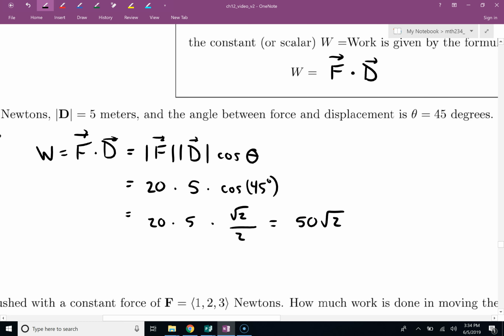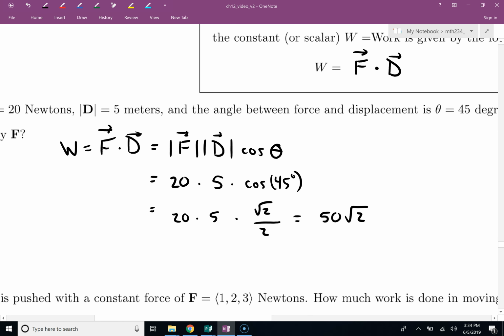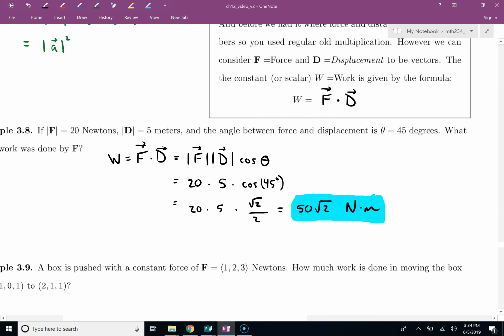Our units were newtons times meters, so Newton meters, and Newton meters and foot pounds are the common units for work. So here's one example of finding work done thanks to our good old dot product formula.